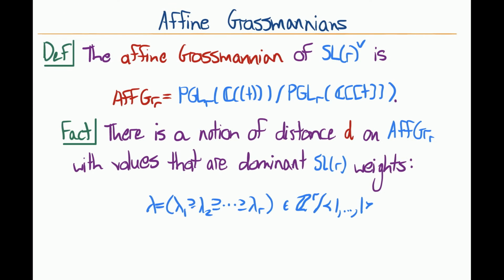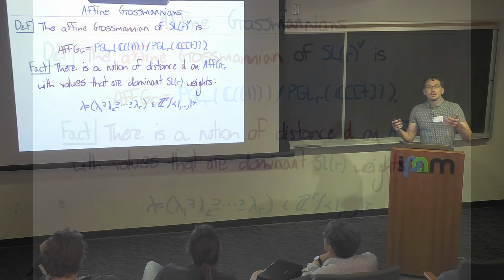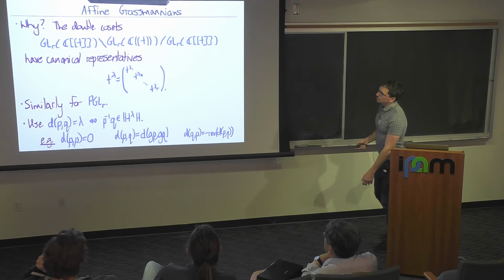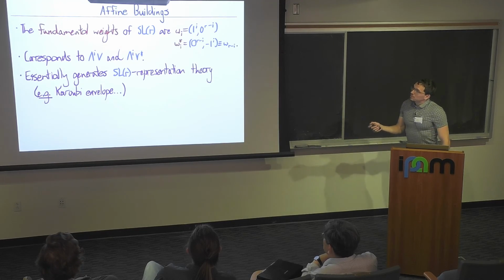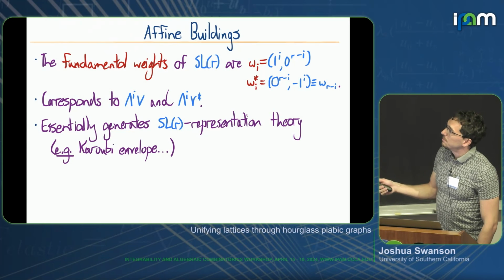The affine Grassmannian is a thing. There is a notion of distance on points of the affine Grassmannian, but rather than being like real valued distance, it's dominant weight valued distance. Kind of weird, but it ends up working out nicely. And there are some important distances, the fundamental weights.